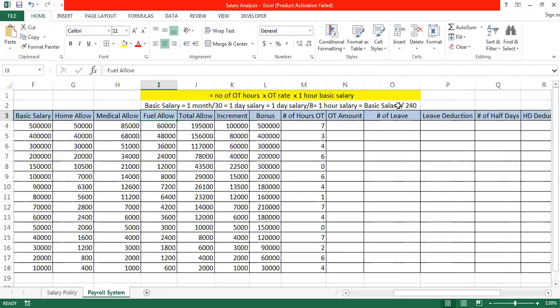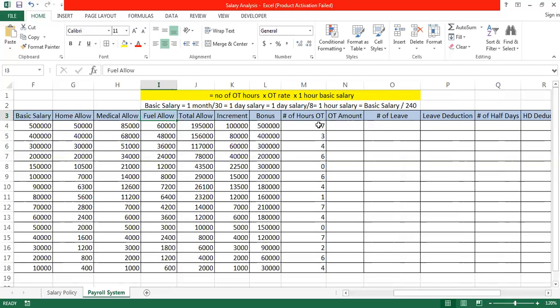Basic salary divided by 240 will give you the 1 hour salary. For the basic salary, we have cell F4. So F4 divided by 240 will give you 1 hour basic salary, multiplied by overtime hours.